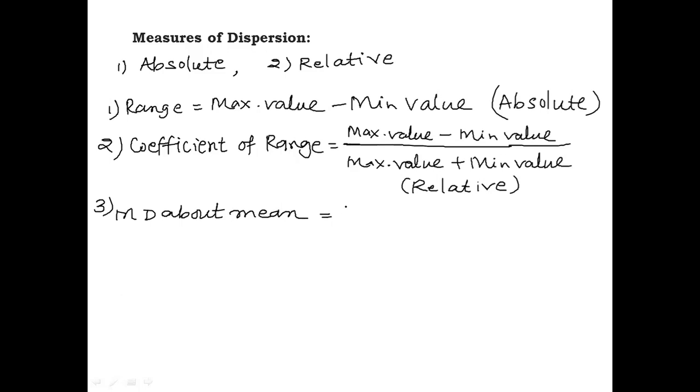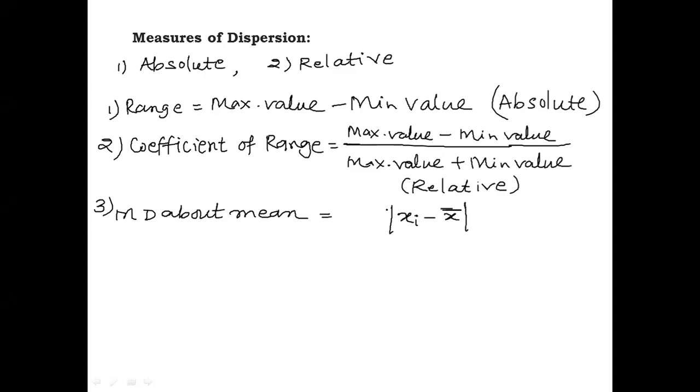After that, there is mean deviation about mean. I am going to write the formula in case of grouped data. We have to first find the arithmetic mean x bar for the data, which is obtained by the formula summation fi xi upon summation fi. After that, we consider every observation minus the arithmetic mean of the data.